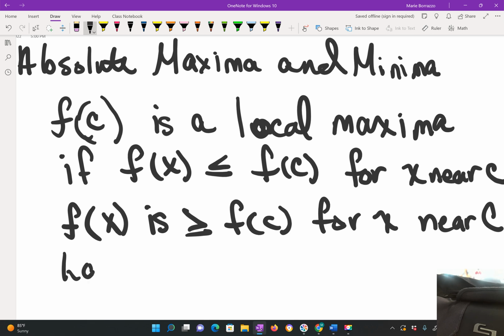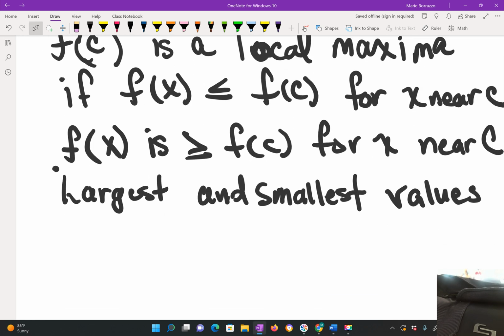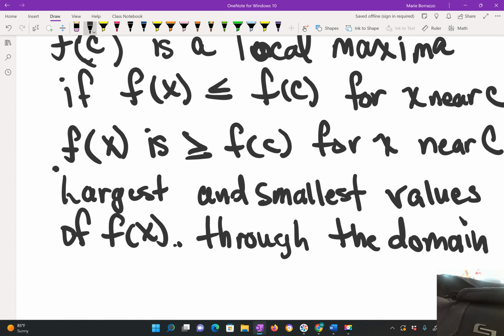So these are the largest and smallest values of f of x throughout the domain of f. So it's a lot of fancy talk.